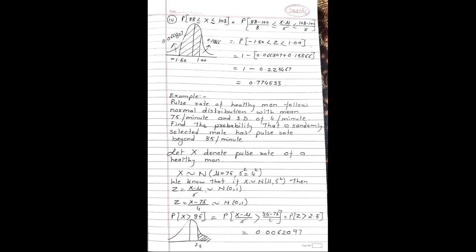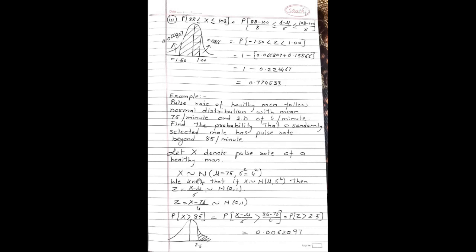Next example. Pulse rate of healthy men follow normal distribution with mean 75 per minute and standard deviation of 4 per minute. Find the probability that a randomly selected male has pulse rate beyond 85 per minute. So let X denote pulse rate of a healthy man.